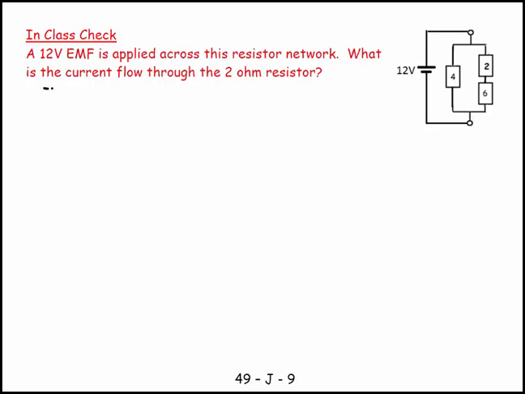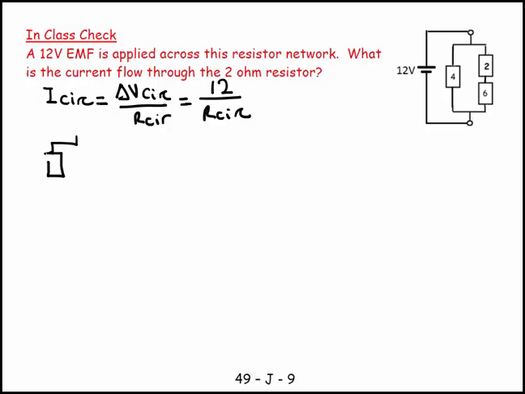And so I say I circuit is equal to delta V circuit over R circuit, which equals 12 over R circuit. And my R circuit is going to be, well, let's look at this. We have a 4 and we have a 2 and a 6.